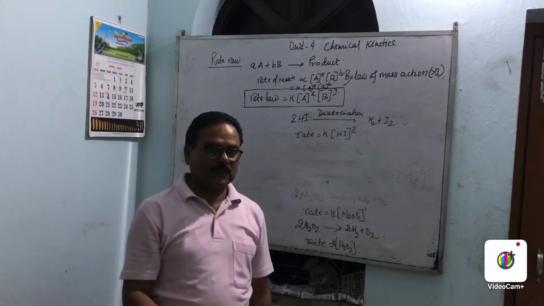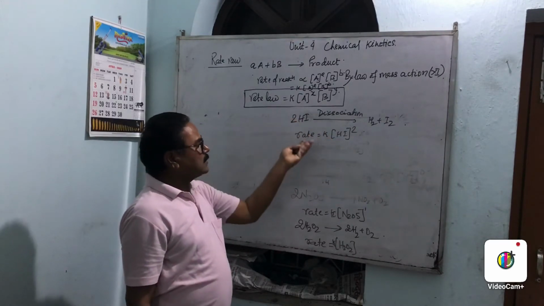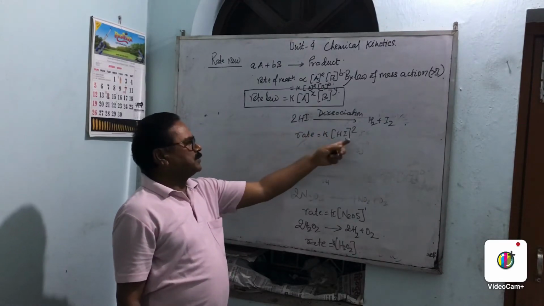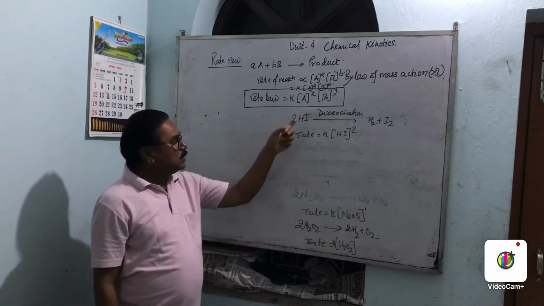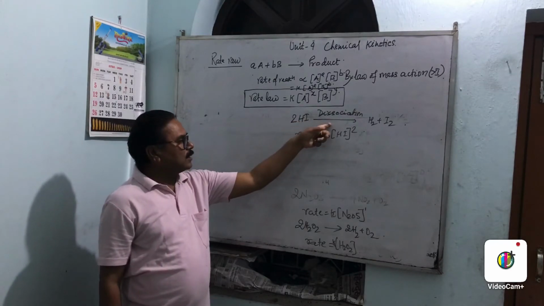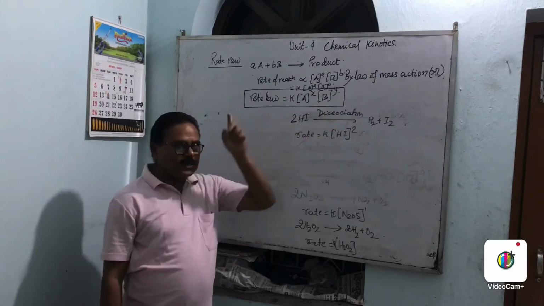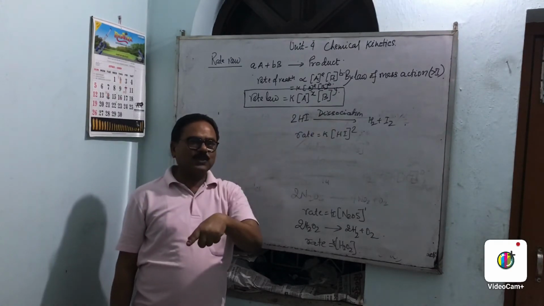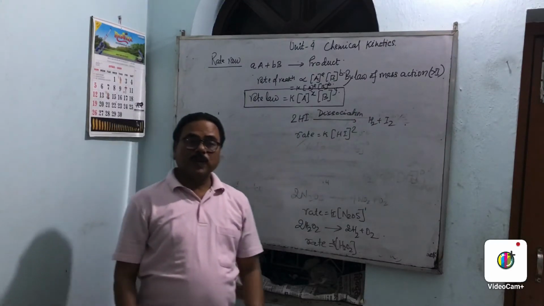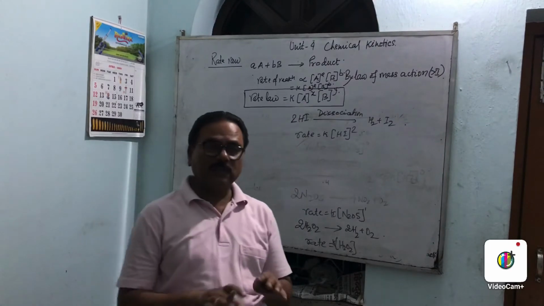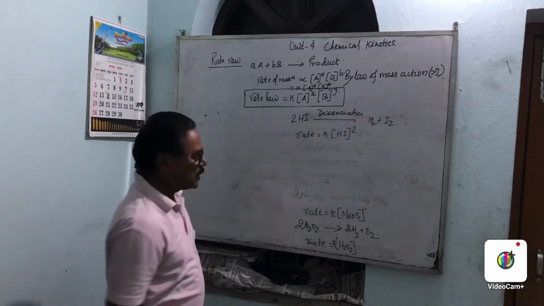You never guess to write the rate. It is experimentally determined, and when the experiment has been performed, it is found its order is 2, that's why it is written as 2. Decomposition of HI over gold catalyst is a zero order reaction, and its dissociation is a second order reaction. So we can't guess, and we can never write the rate from a balanced chemical equation.